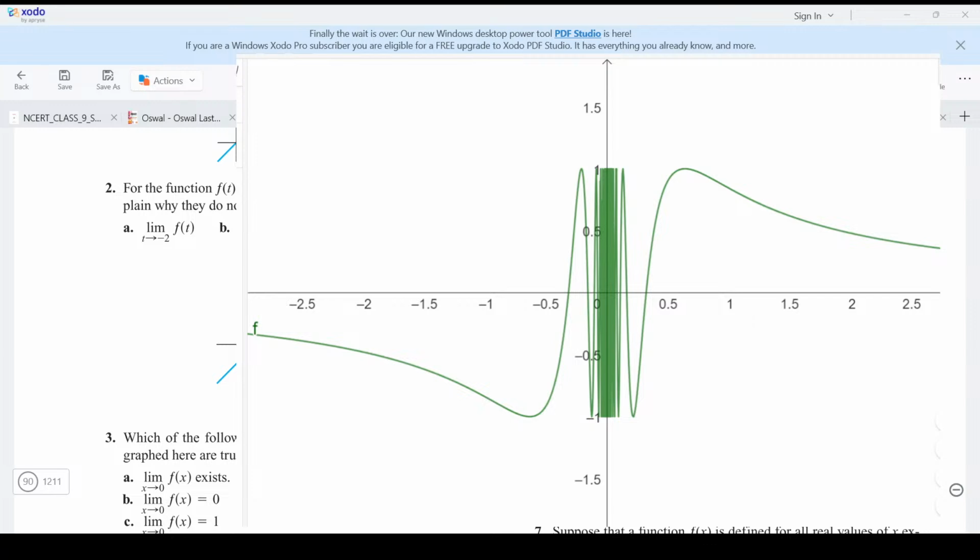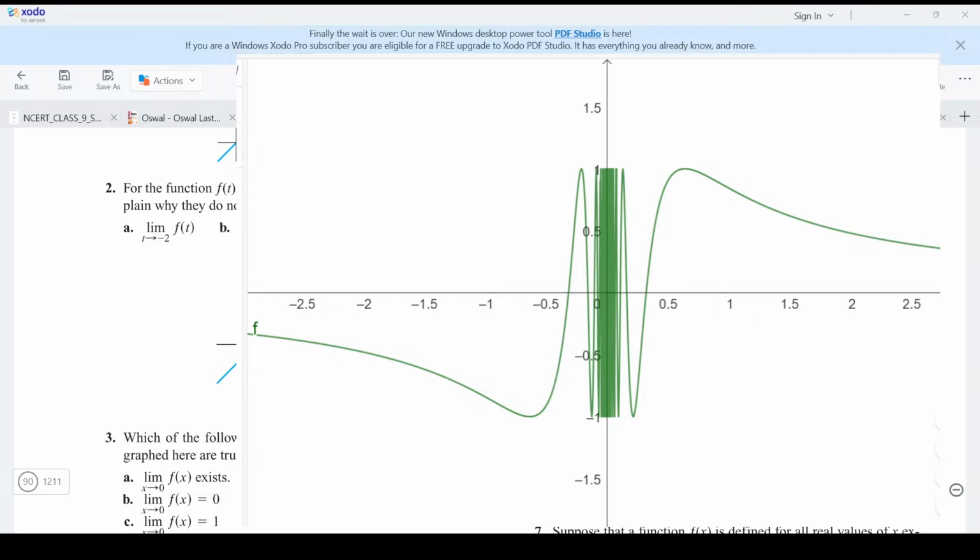Now take 3, 4 values of x which are lesser than 1, in ascending order. 0.2, 0.3, 0.5, 0.9. Just try to approach 1, the closer the better.